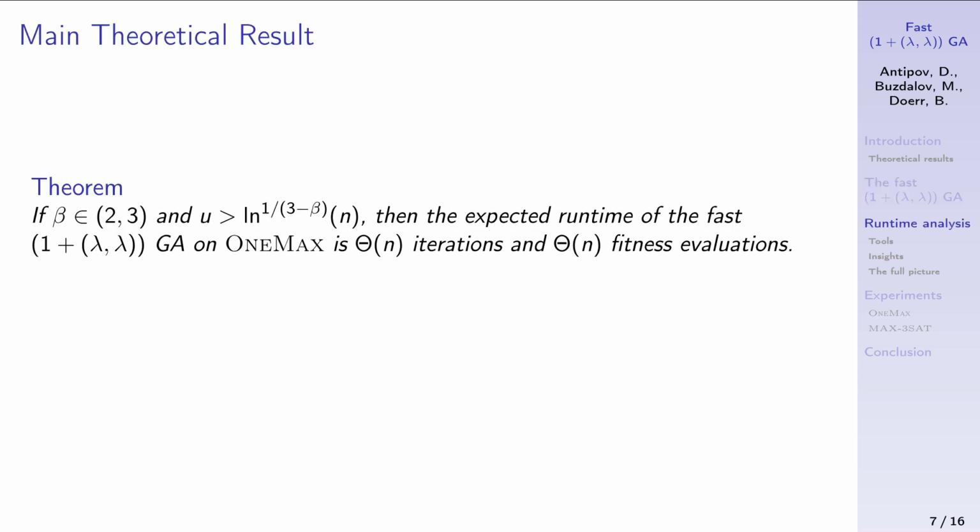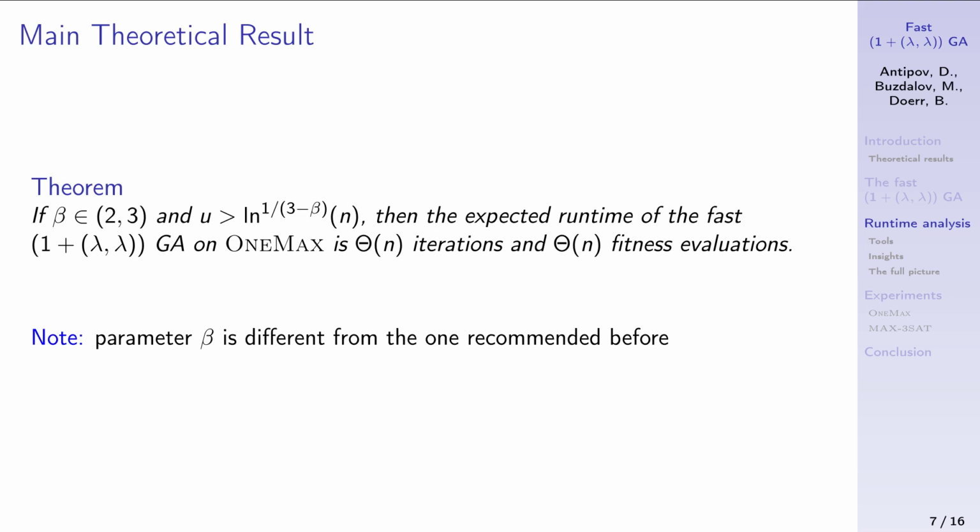Surprisingly, this simple change in the algorithm led us to linear runtime on OneMax, both in terms of iterations and in fitness evaluations, provided that beta is chosen in the interval from 2 to 3, and u, the upper bound for lambda, is not too small.